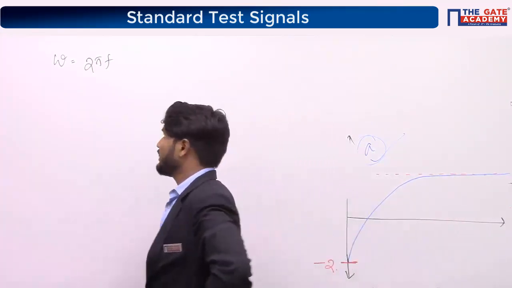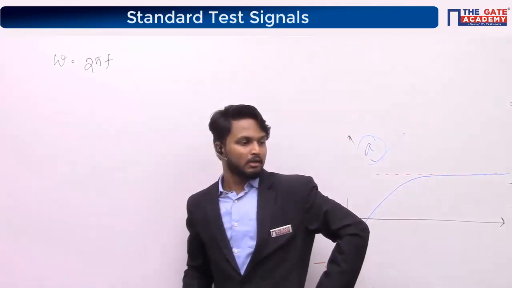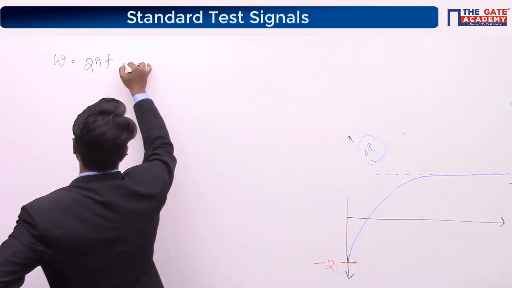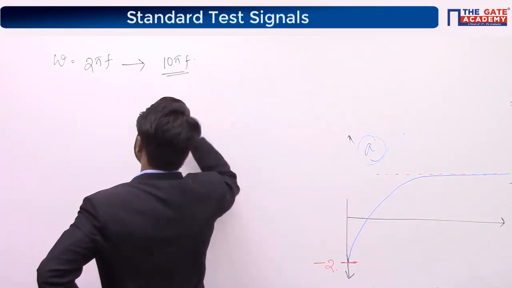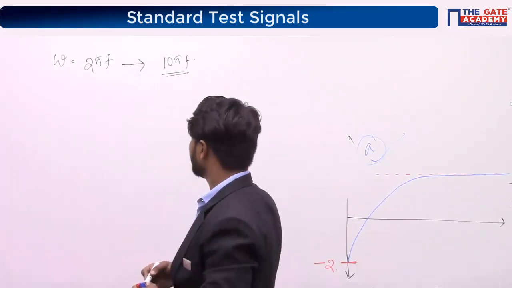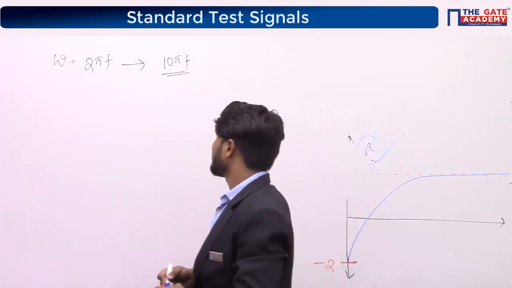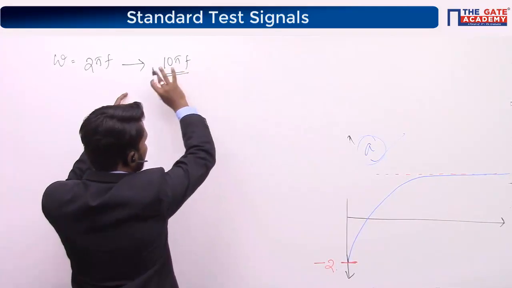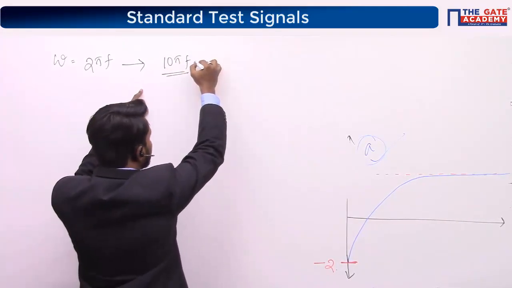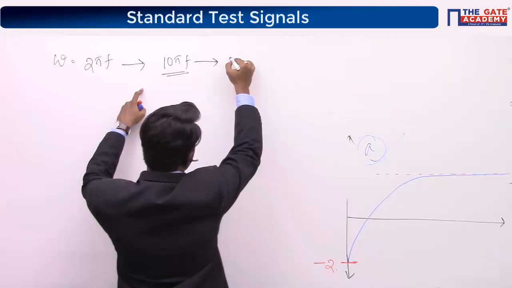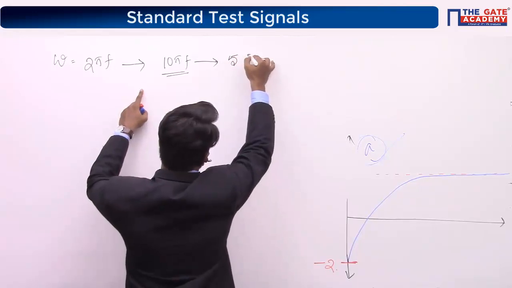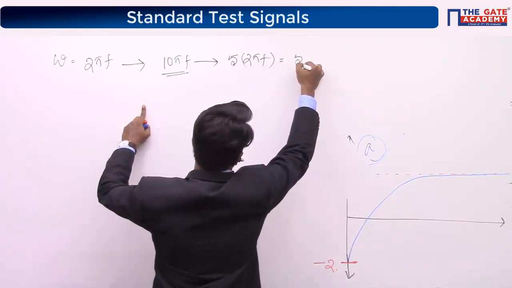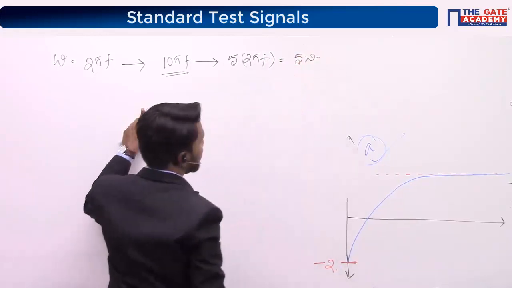The same way he has written 10 pi f, which means omega is equal to 10 pi f. One thing you can do is separate omega from this. If you separate omega from this, what is omega? It is 5 into 2 pi f, right? This is equal to 5 omega, right?